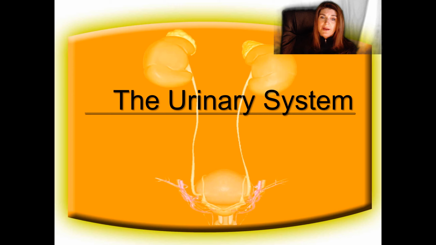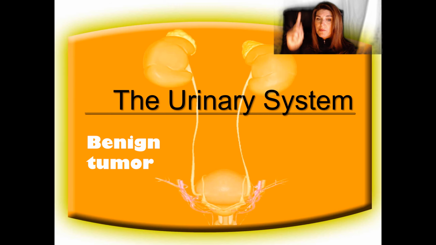Okay, so benign tumor was number 1 on your sheet. A benign tumor is basically when you have cells that are growing a little bit out of control, but when they test it, they'll take a sample of the tissue and see if it's cancerous. A benign tumor is a non-cancerous tumor.